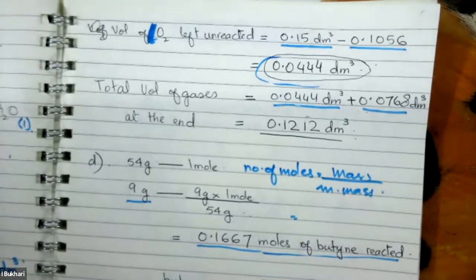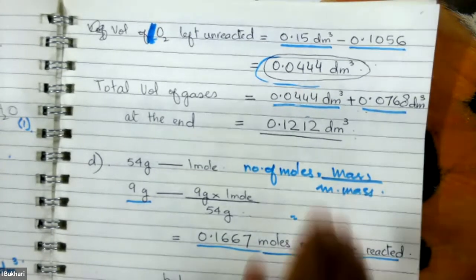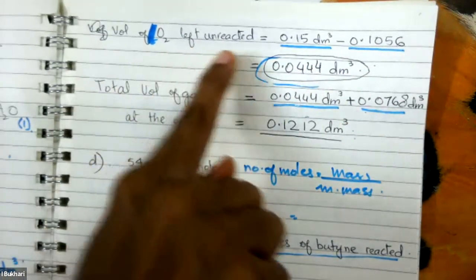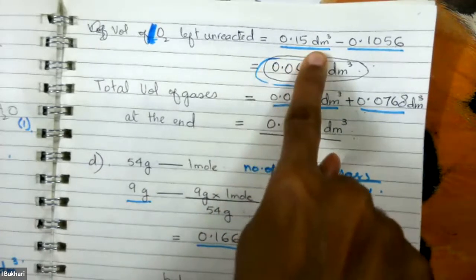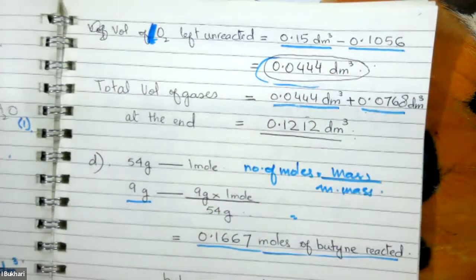The CamScanner PDF you've sent is not opening for me. Just a second. So volume of oxygen left unreacted is 0.15 minus 0.1056, which is the volume of oxygen that reacted.